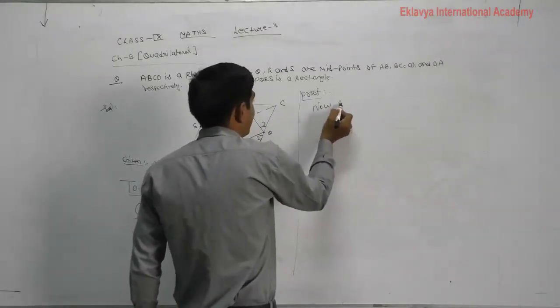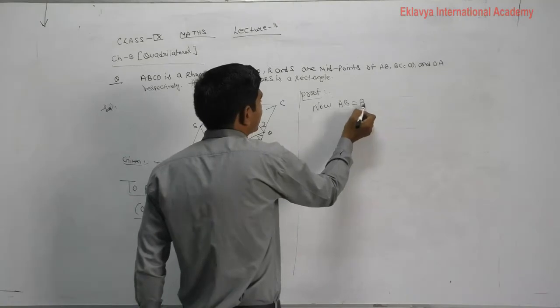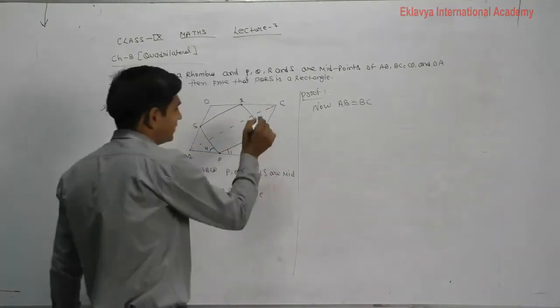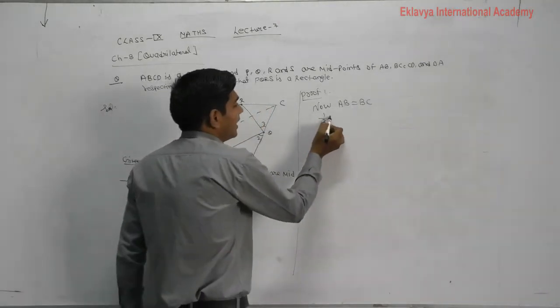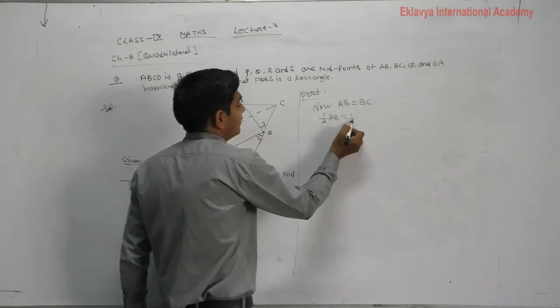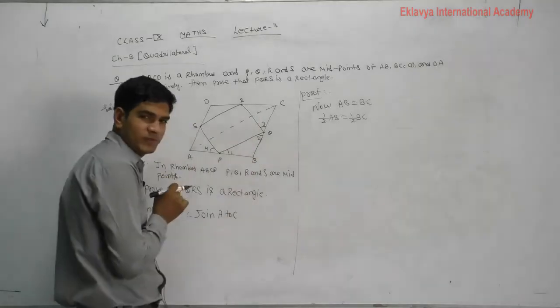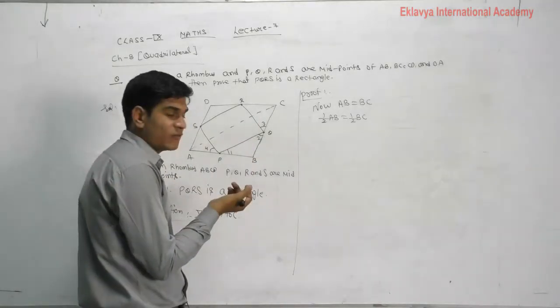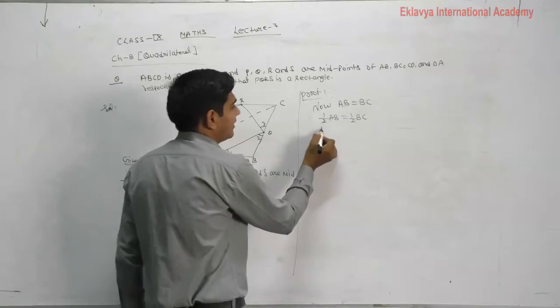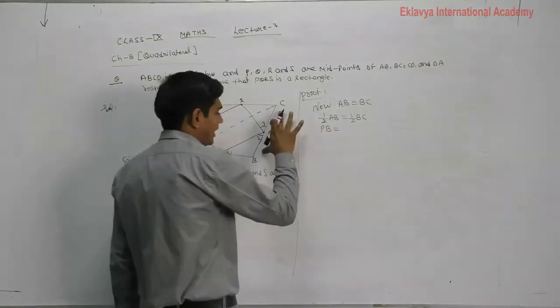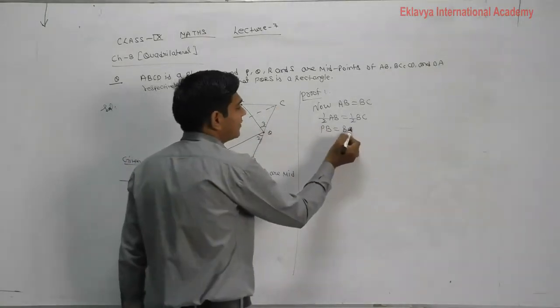now, is AB equal to BC or not? AB is equal to BC, so half of AB is equal to half of BC. Half of AB can be written as PB and half of BC can be written as BQ.